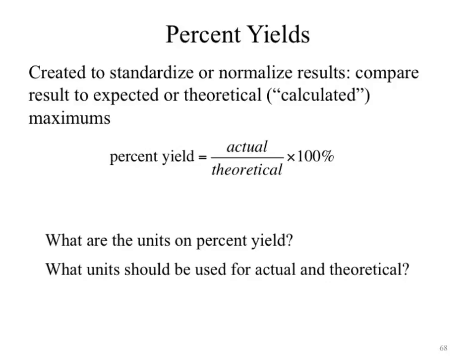To do a percent yield is a really simple calculation. You take how much you actually obtained and divide it by how much you should have made. How do you figure out how much you should have made?